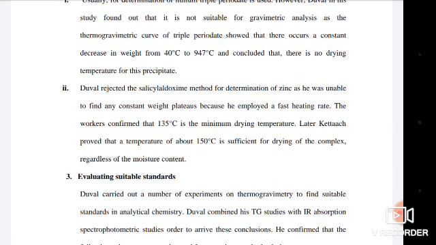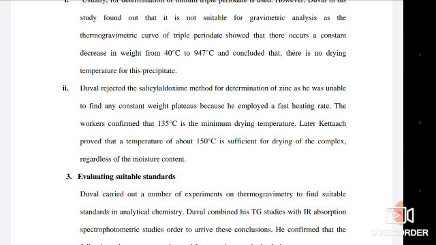The second application: Duval rejected the salicylaldoxime method for the determination of zinc, as he was unable to find any constant weight plateaus because he employed a fast heating rate. Other workers confirmed that 135 degrees Celsius is the minimum drying temperature.